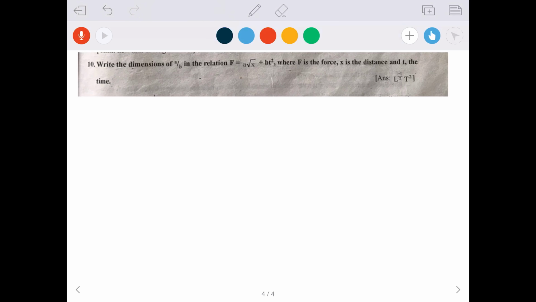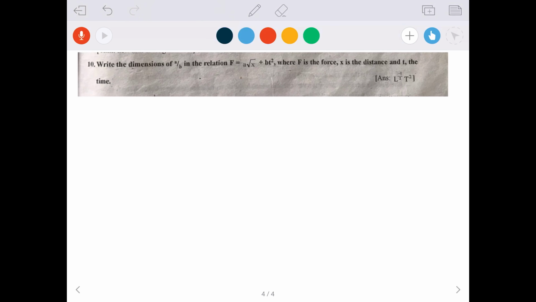And what are the things given? F is the force, x is the distance and t is the time. That is also given. Okay, so how to do this question? It's very simple. We will compare the dimensions of LHS and RHS. So here in RHS we have two terms.